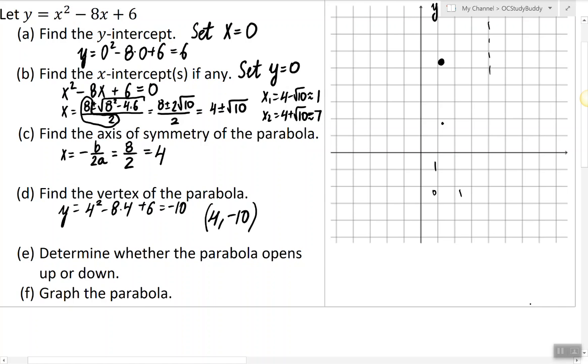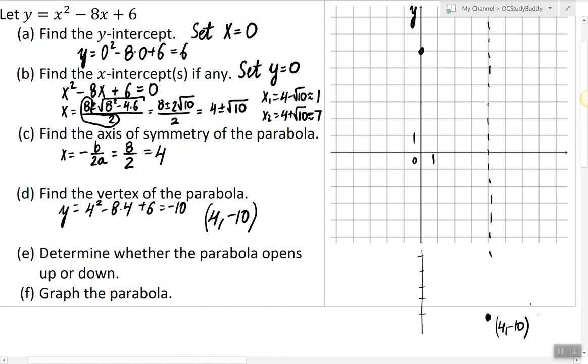So the axis of symmetry is at 4. The y-intercept was at 6. And negative 10 therefore will be 1, 2, 3, 4, 5, 6, 7, 8, 9, 10. So this point for negative 10 is my vertex.